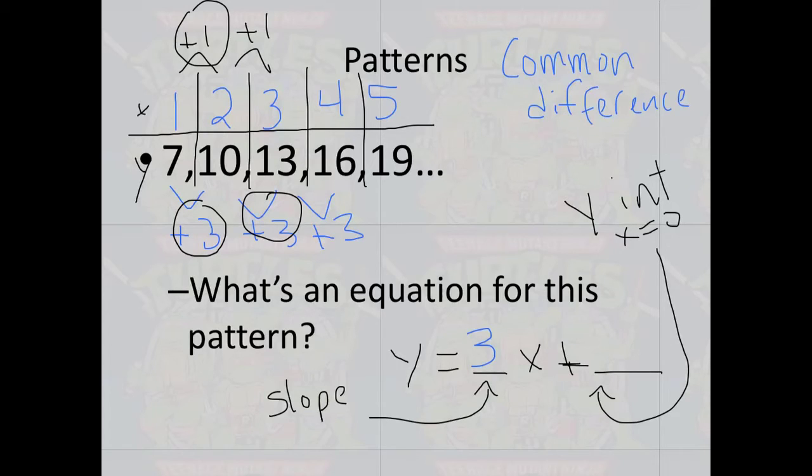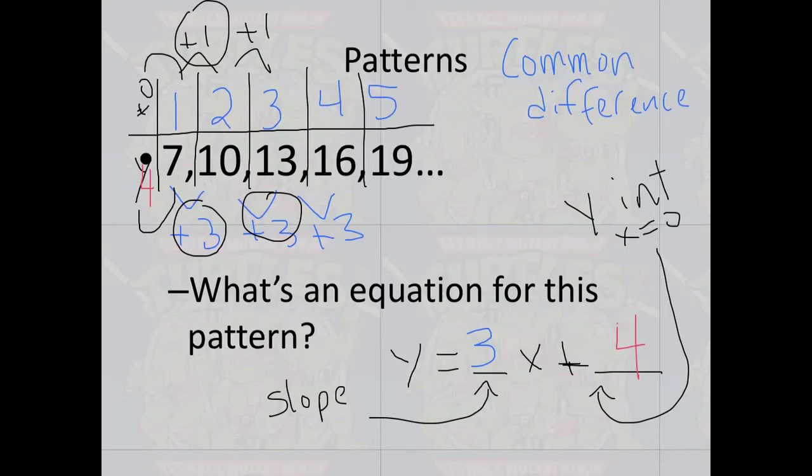So here's x right here. If 7 is the first term, I'm going to go back to 0. So we're taking one step backwards from 1. We continue the pattern, taking one step backwards from 7. The number before was added 3 to get 7, so that number must be 4. So our y-intercept is 4.